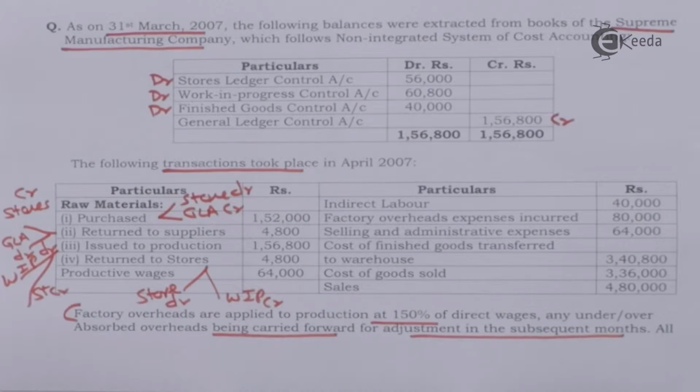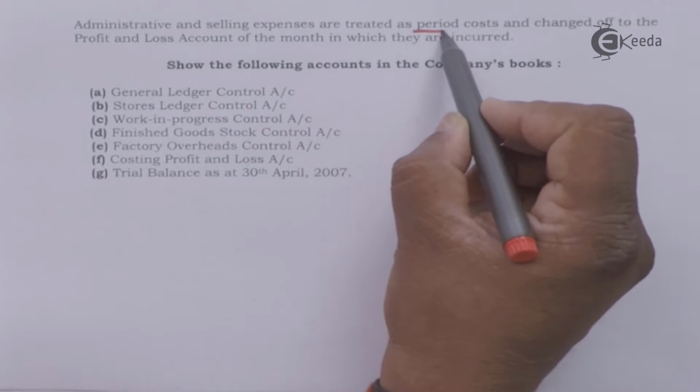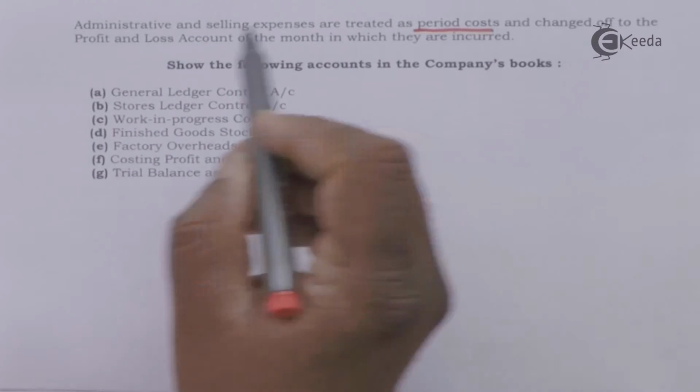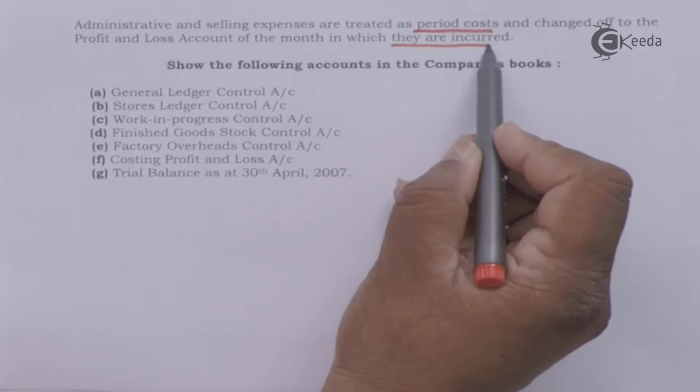Here either overheads under or over absorbed we record in costing profit and loss account, or it will be carried forward to next month for adjustment. Here they have said that it is carried forward for adjustment in subsequent months. All administrative and selling expenses are treated as period cost and charged off to profit and loss account of the month in which they are incurred.